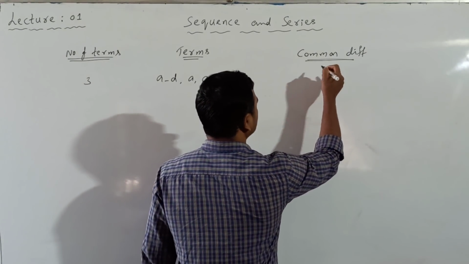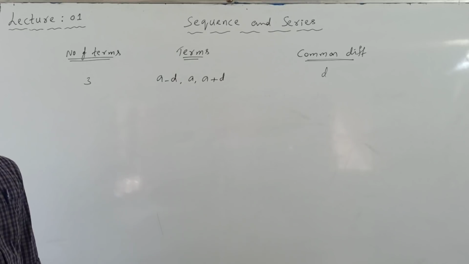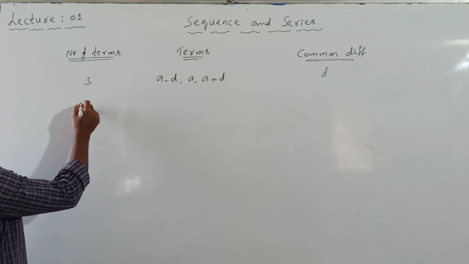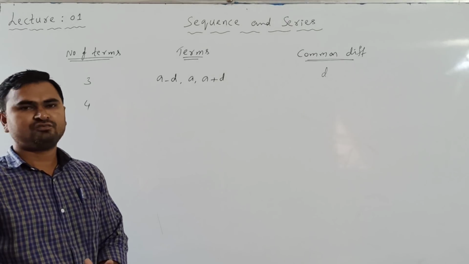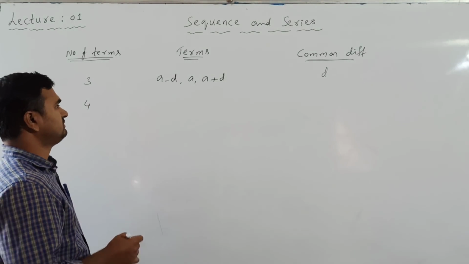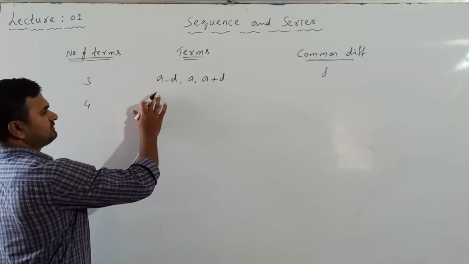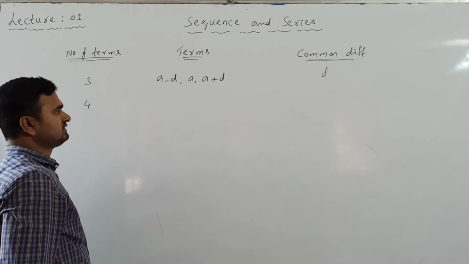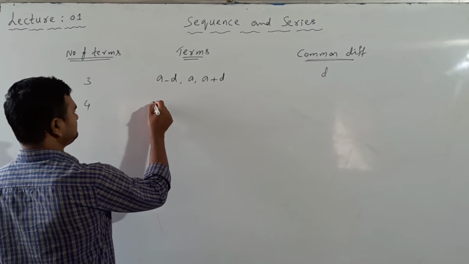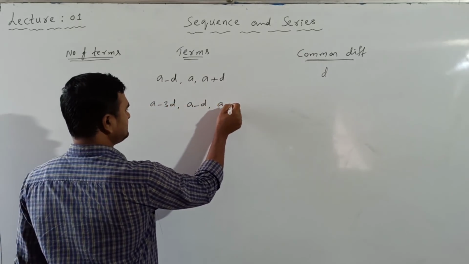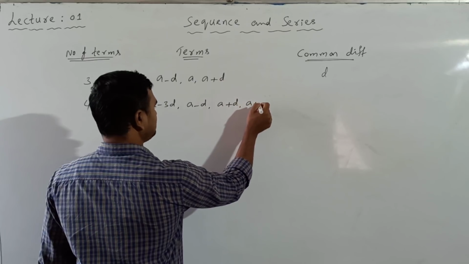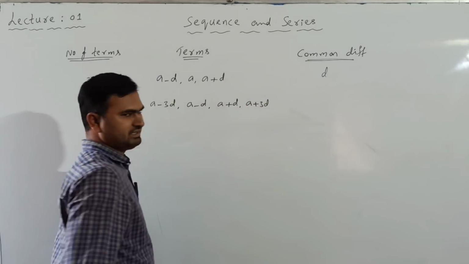Now suppose it is given that four terms are in AP. How do we take those four terms? Usually we take them like this: a minus 3d, a minus d, a plus d, a plus 3d.